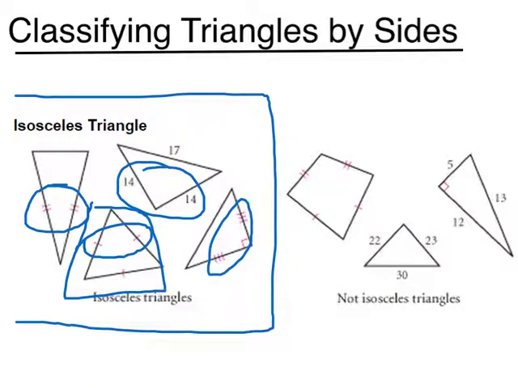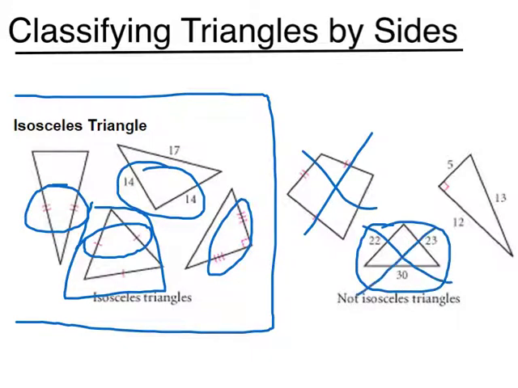So this is both an equilateral triangle and an isosceles triangle. Now if you look over here, this one is not even a triangle. This one has 3 different sides, so that doesn't work. And then this one is not either. It has 3 different side lengths. An isosceles triangle has to have 2 congruent sides. Alright, let's move on to the next one.